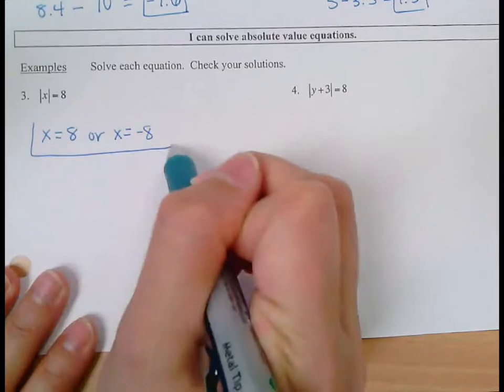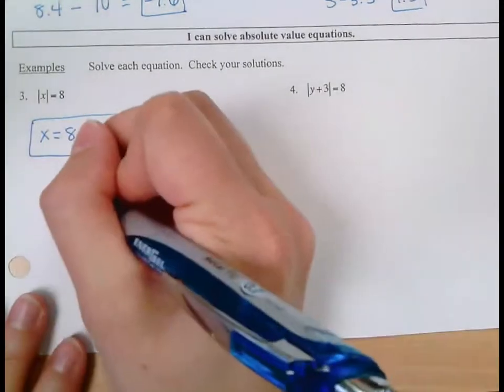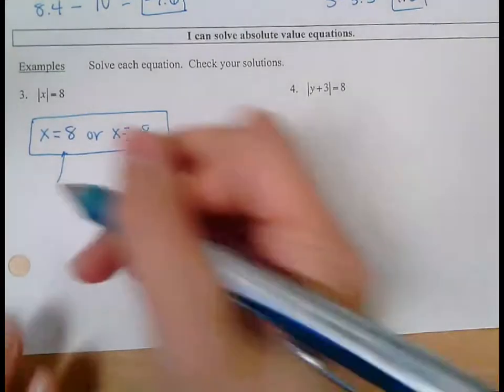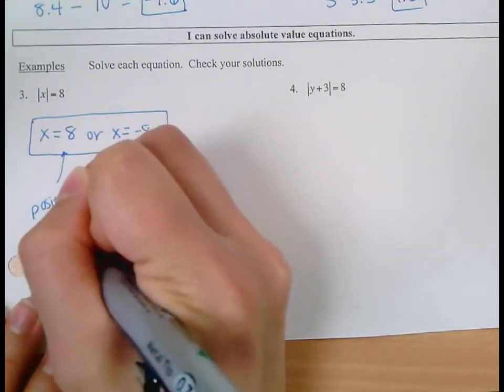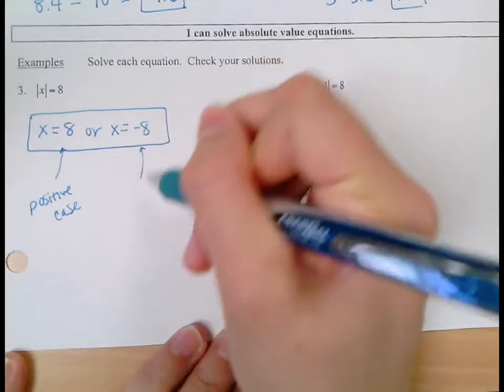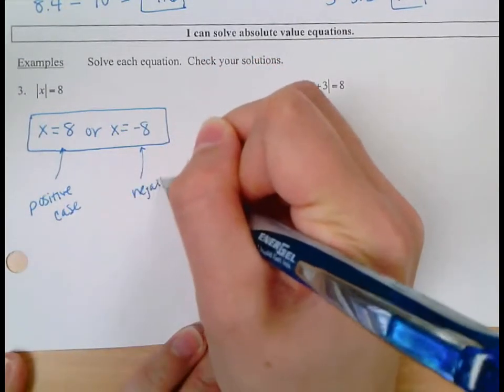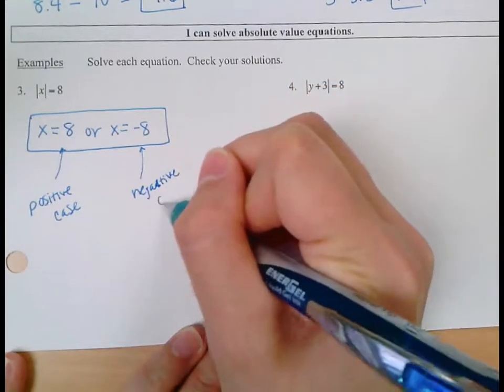There's two answers. Now, I usually think of absolute value as having a positive case. Notice I'm not saying a positive answer, because sometimes the positive case does have a negative answer, but a positive case and a negative case.